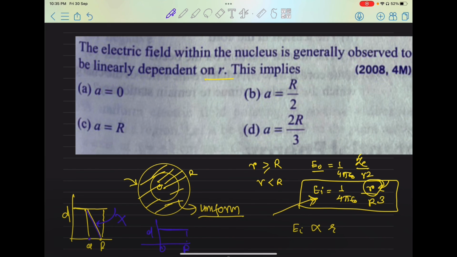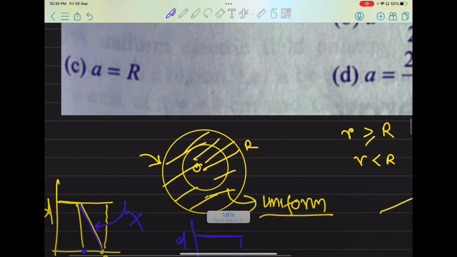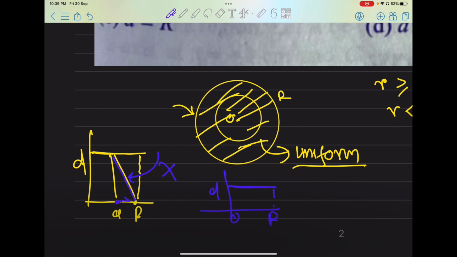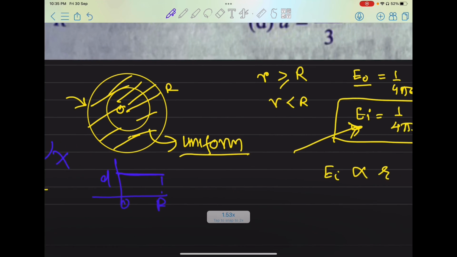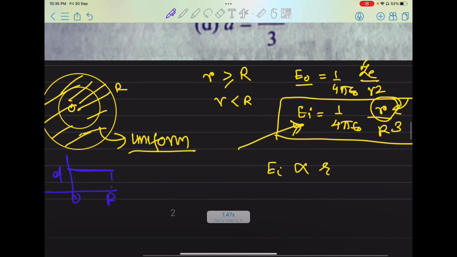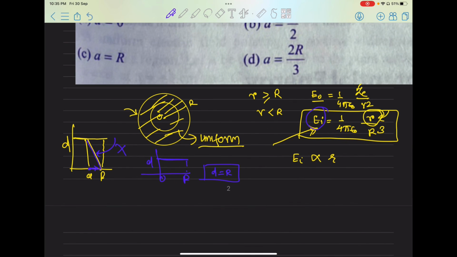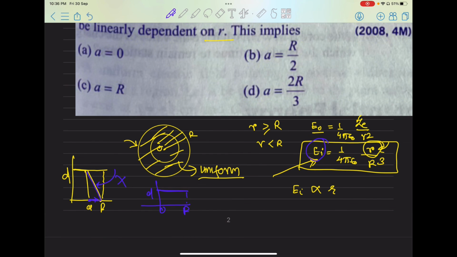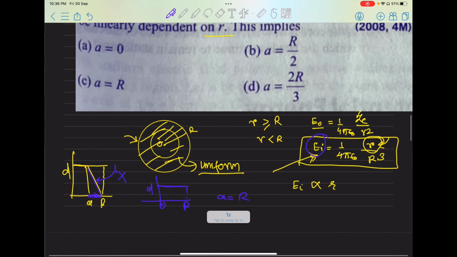That means this point A should be pushed over here and should coincide with R. Then only it will become the constant graph like this, the uniform charge density. That means we can get a linear dependence of electric field on r only when A is equal to R. Sorry, not D is equal to R, it should be A is equal to R. So the C option.